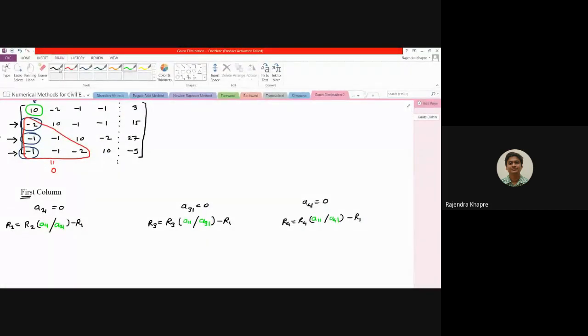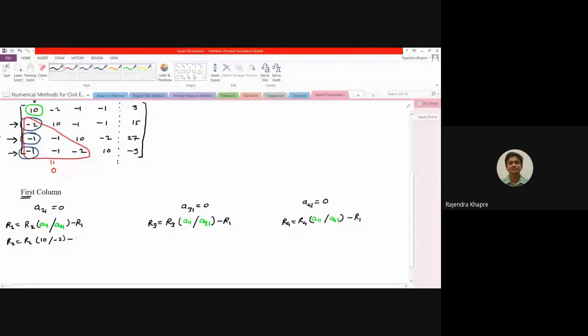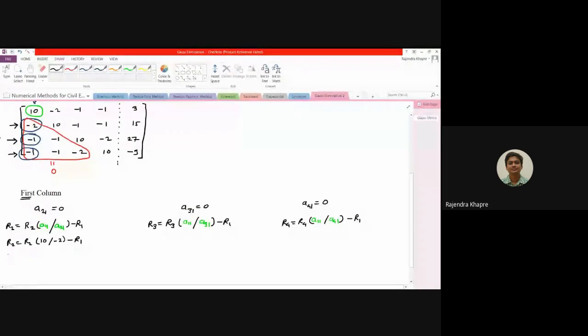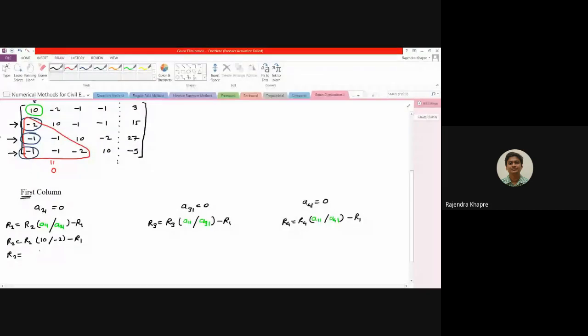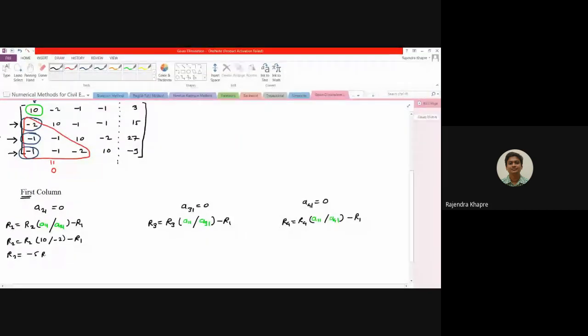Now let us first go for the first one. Here r2 will be r2 into a11, so a11 is basically 10, divided by a21, which is minus 2, minus r1. So your r2 will be minus 5 times r2 minus r1.